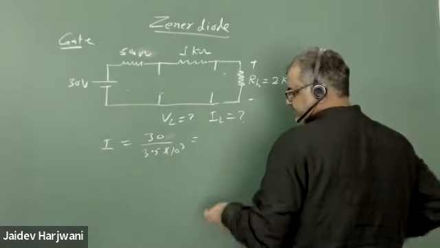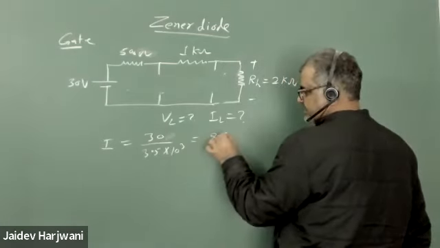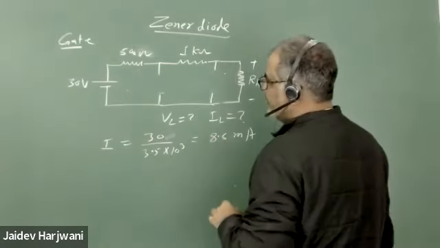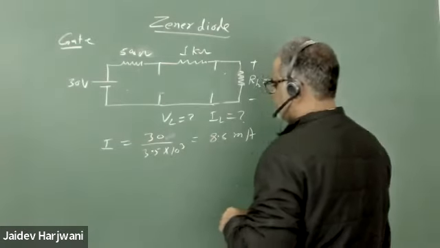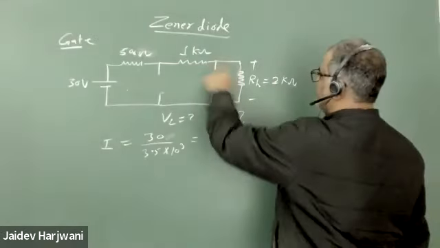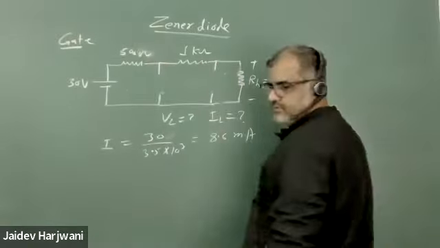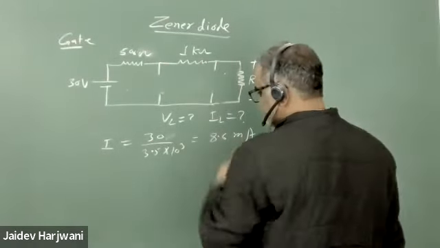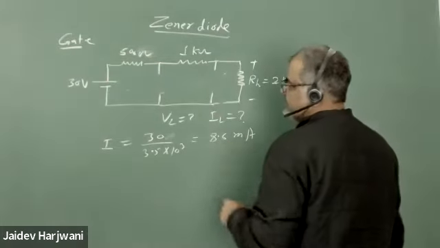Very good. So this current is flowing when both are open. How did 3.5 come, sir? 3.5 is this 1 kilo ohm, 2 kilo ohm, and this 0.5 kilo ohm. So if this calculation is correct, this is 8.6 milliampere.